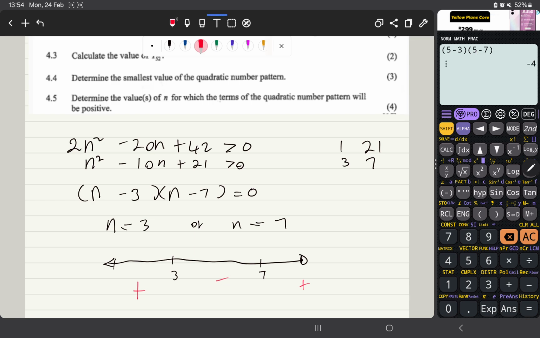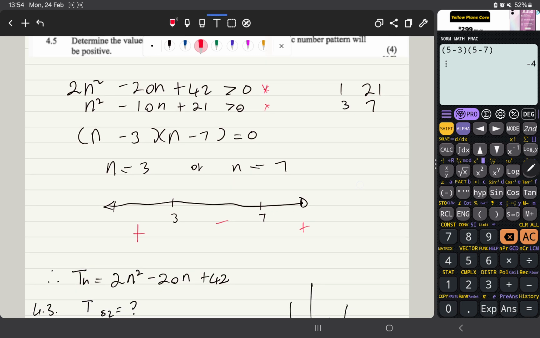So we are looking for where we get positive values. This whole thing has to be greater than 0, and it's clear it's from here going that way, and from here going that way. My arrow here is just bad.